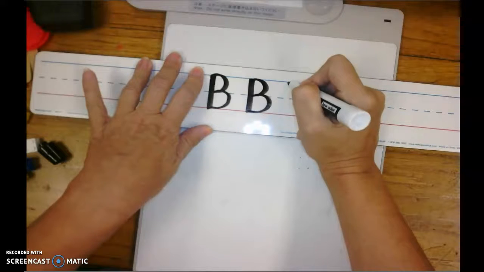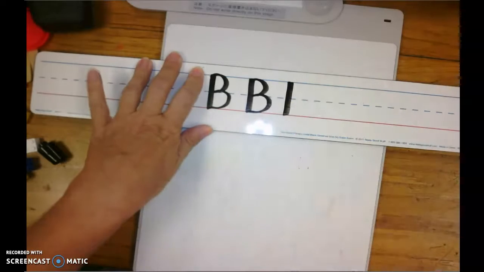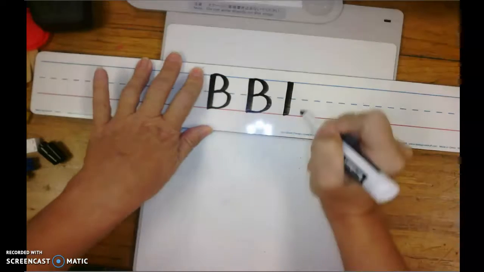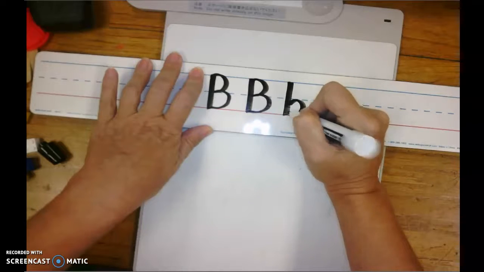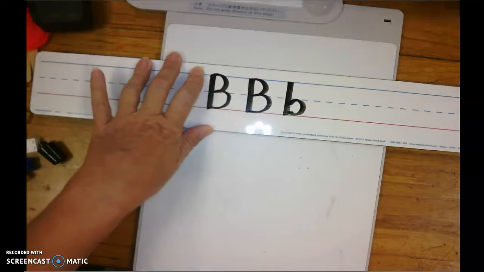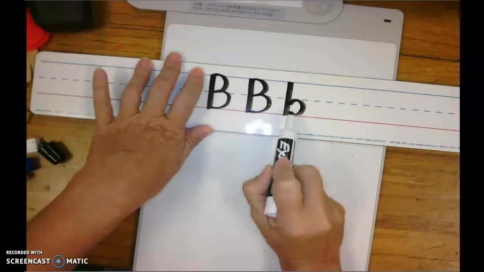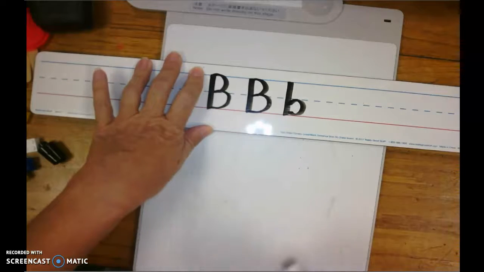Now, lowercase b is also a tall letter. He starts at the top, and he has a straight line too. And then I make just one little bubble. Lowercase b has a line and then a bubble.